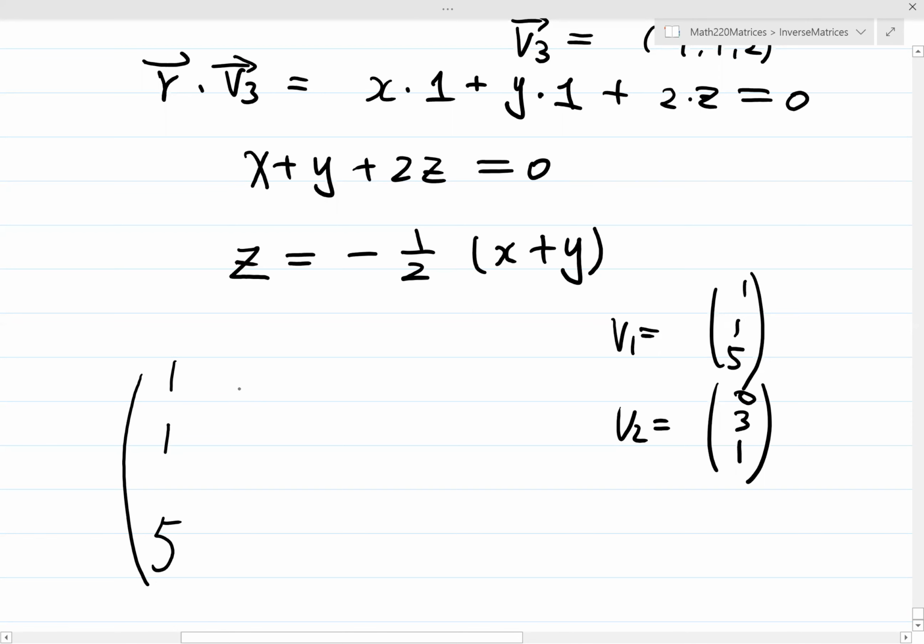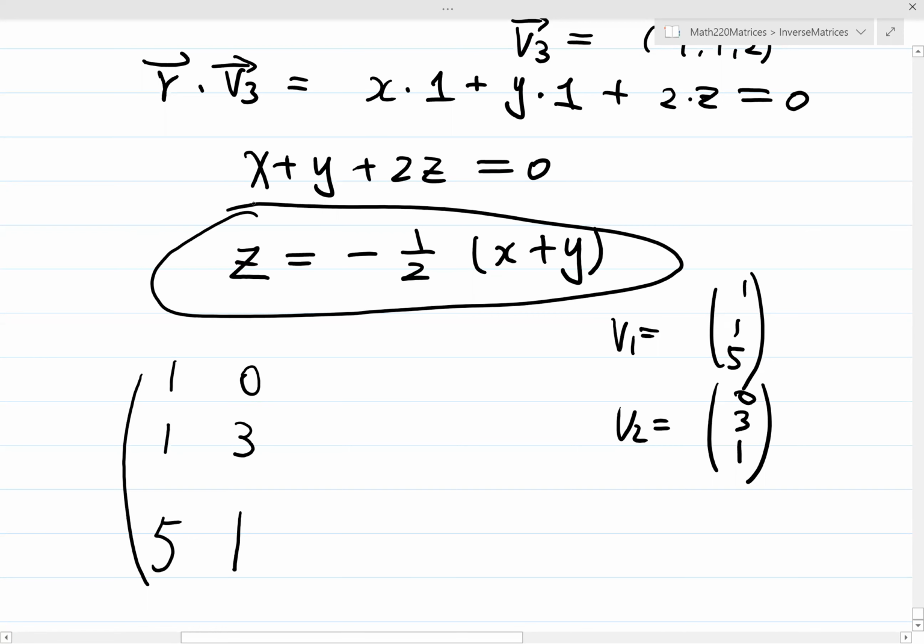The second column we choose to be V2, 0, 3, 1. Now the Z component is determined by negative 1/2 times X plus Y.